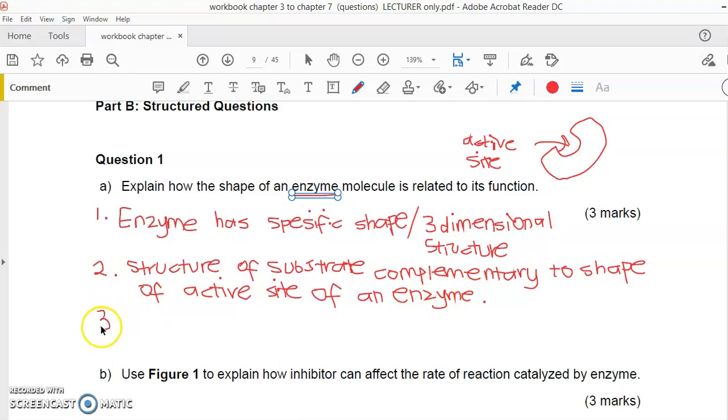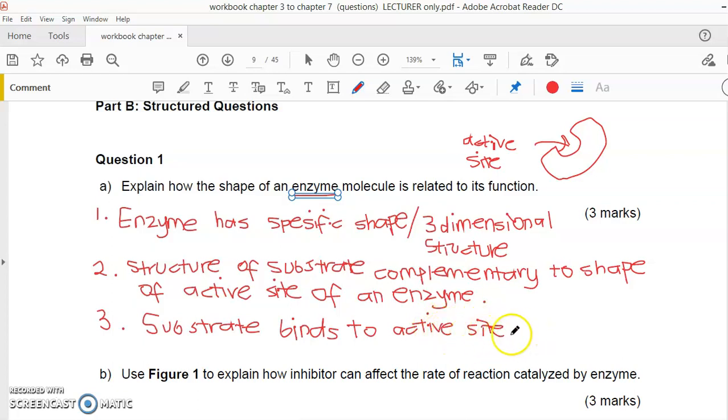Thus, substrate can bind here to the active site of an enzyme.